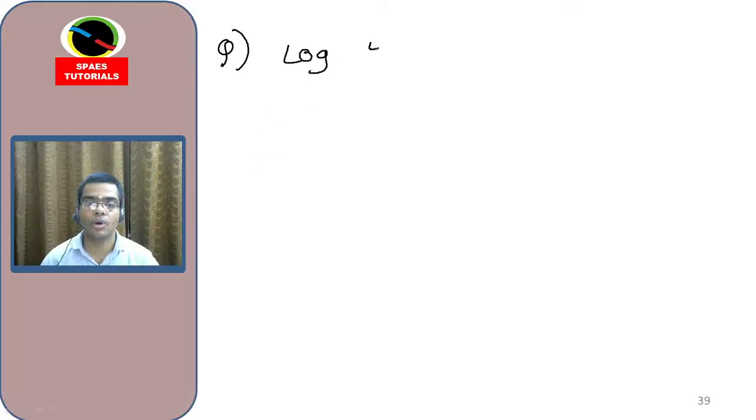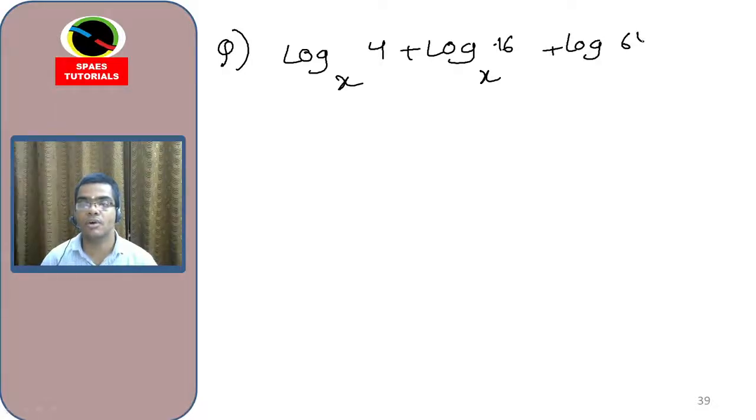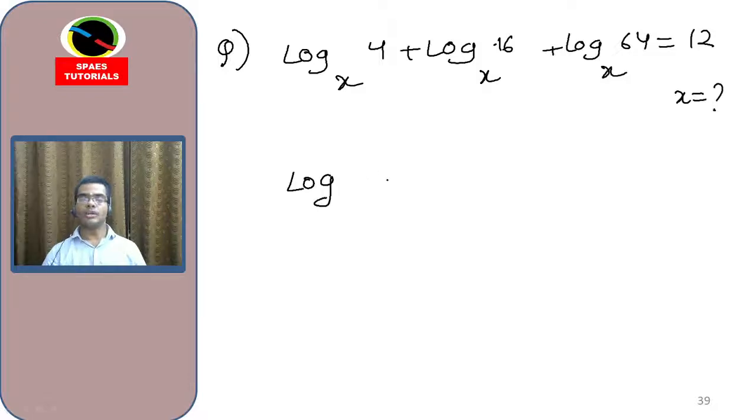Log 4 base x plus log 16 base x plus log 64 base x is equal to 12. What is the x value? Very simple. Log m base a, log n base a, log l base a, this is nothing but 4 into 16 into 64 to the base x is equal to 12.